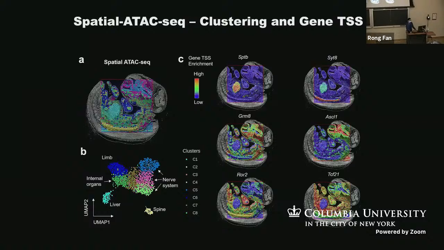There's a liver, there's a spinal cord, but you see very fine, very complicated structure in the brain, because at that stage, I think the brain is the most well developed. You see many different neuronal subtypes and brain tissue types, and they can all be captured very well by the spatial chromatin accessibility mapping.